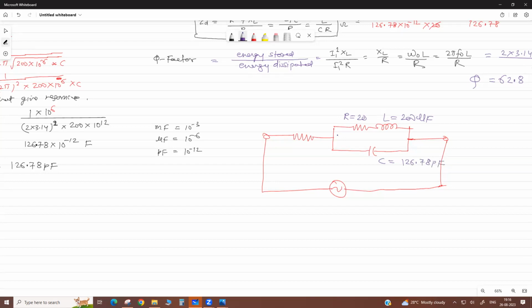Now total current flows from here through this series resistance of 8,000 ohm. After this it divides here and here. This is I1, I2.